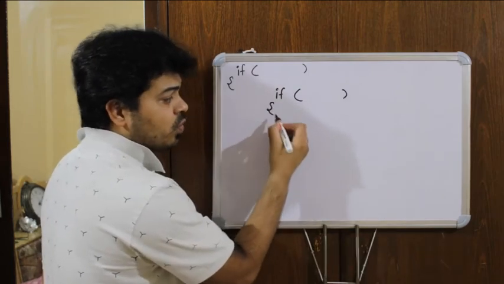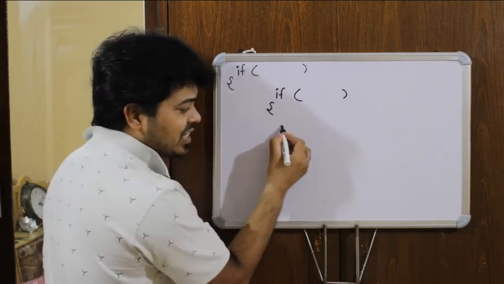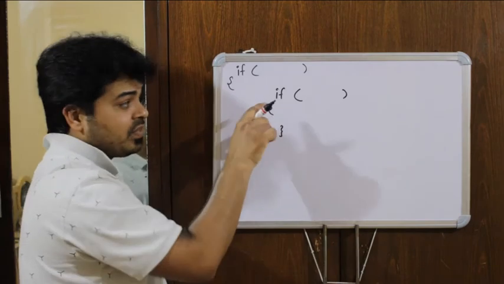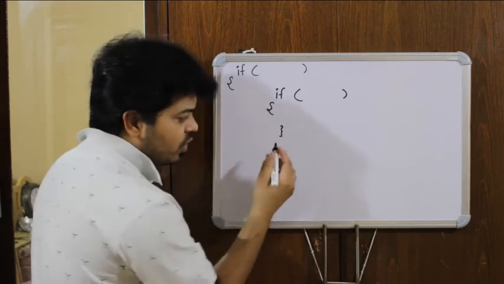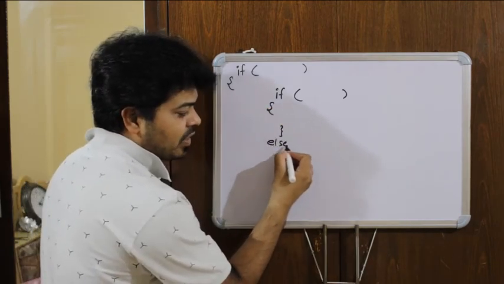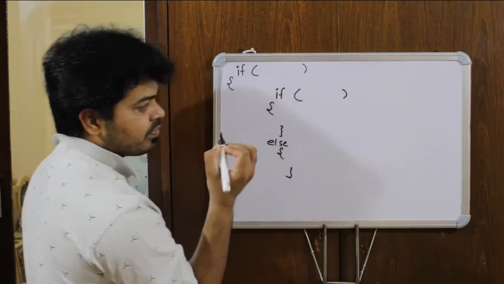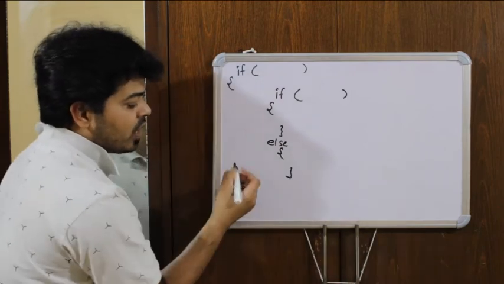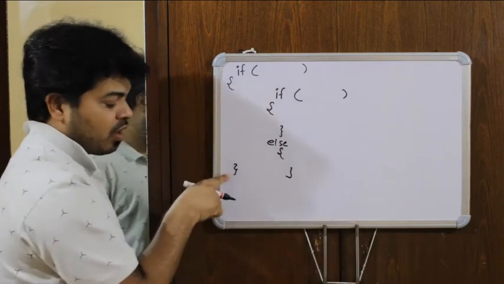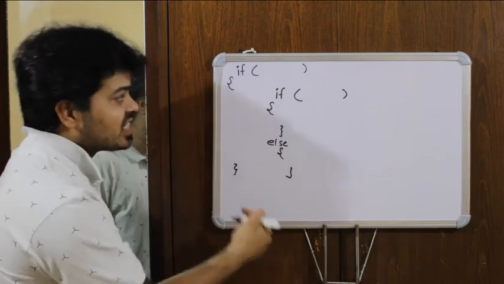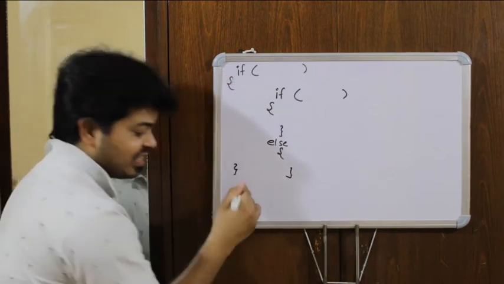If this condition is true, execute this block of statement. If this condition is not true, then execute my else part. And you are closing this if block. And next you are writing else.